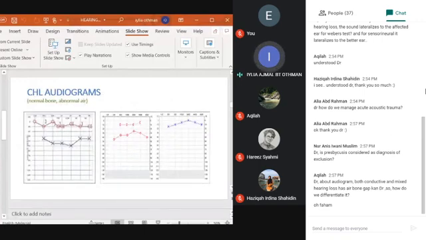See, in conductive hearing loss, there's no bone gap, but the bone conduction is still within normal range, within negative 10 to 10. It's normal. But the air conduction, the circles and the X's, has reduced. This one on the right side, left side is normal. So this is conductive hearing loss.